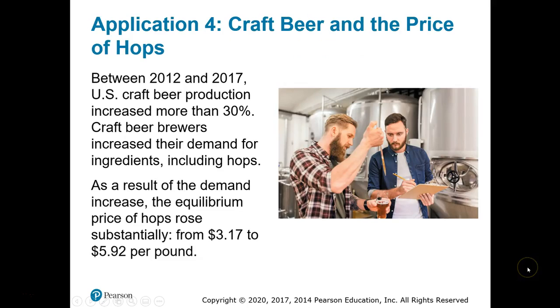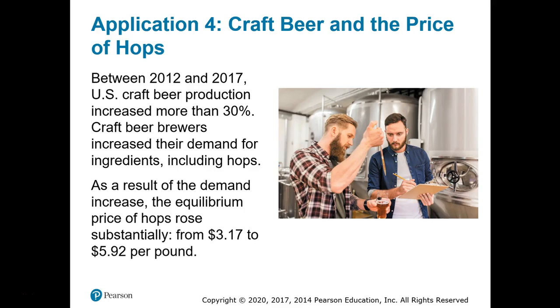Craft beer is on the rise, and so is the price of hops. Between 2012 and 2017, U.S. craft beer production increased more than 30%. Craft beer brewers increased their demand for ingredients, including hops. As a result, the demand increased.